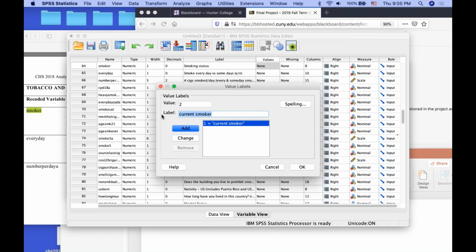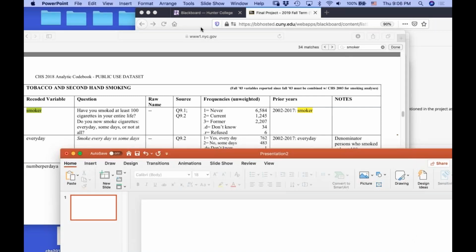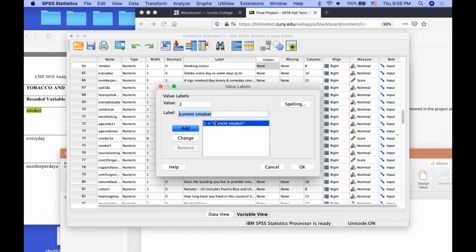Never smoker. I don't remember. Oh, it's right behind here. Right. 1 is never, 2 current, and 3 former. Okay. Yeah, that's kind of counterintuitive. Okay, so I need to change that. 1, never.